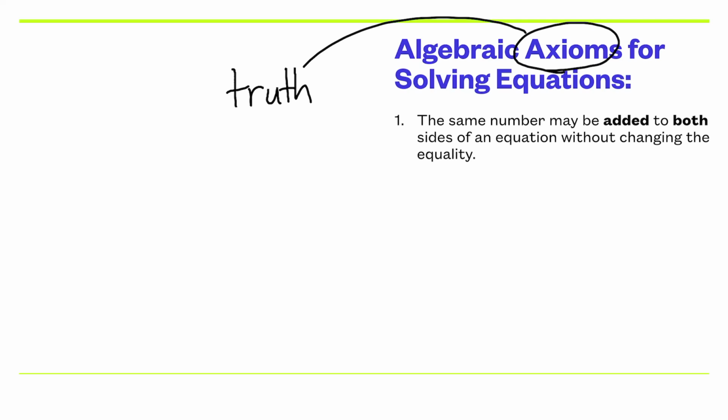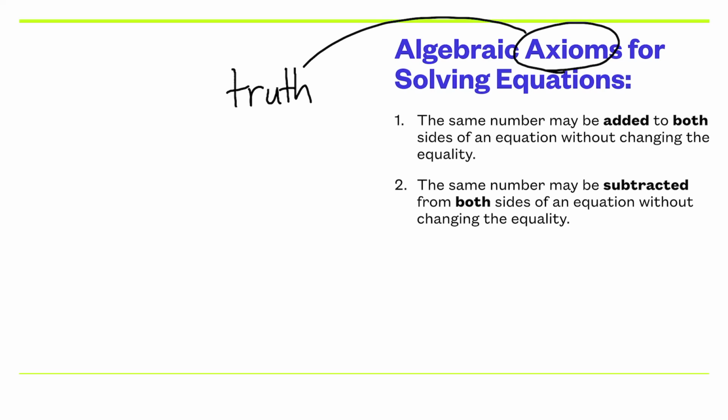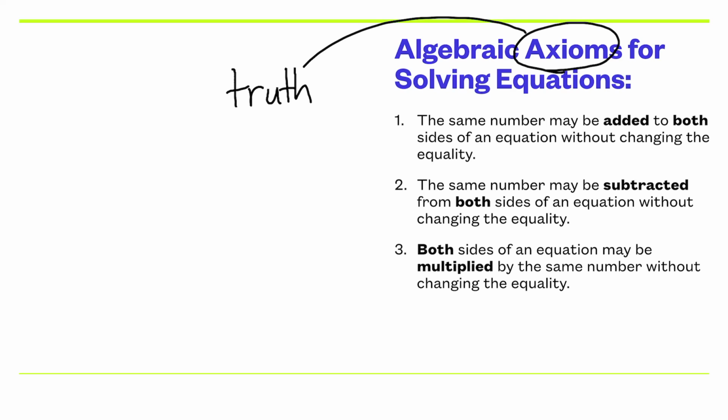The first truth, or axiom, we're going to look at: the same number may be added to both sides of an equation without changing the equality. So you could add an amount to both sides and it would not change it. Number two, the same number may be subtracted from both sides of an equation without changing the equality.